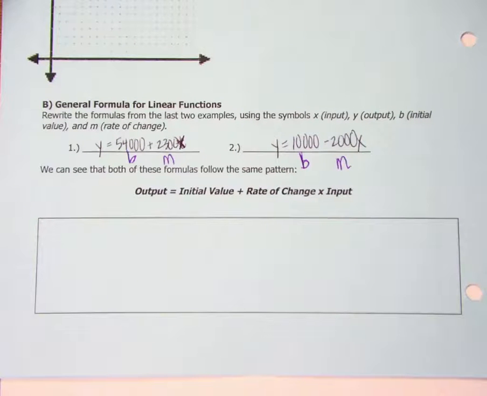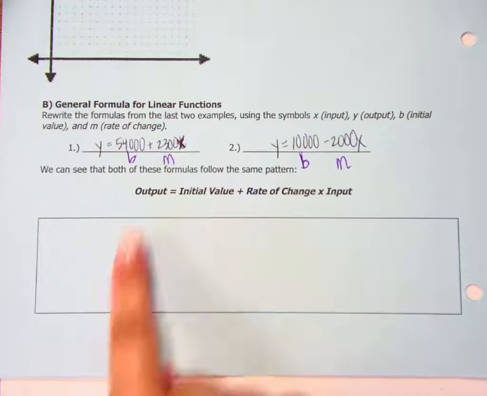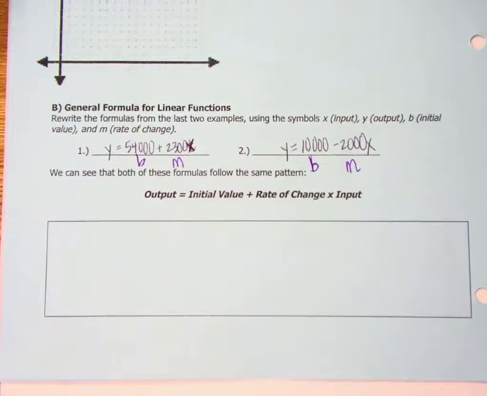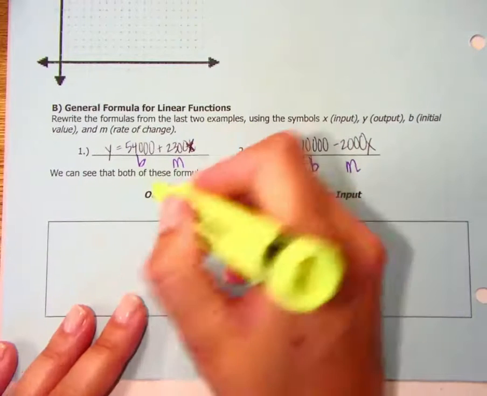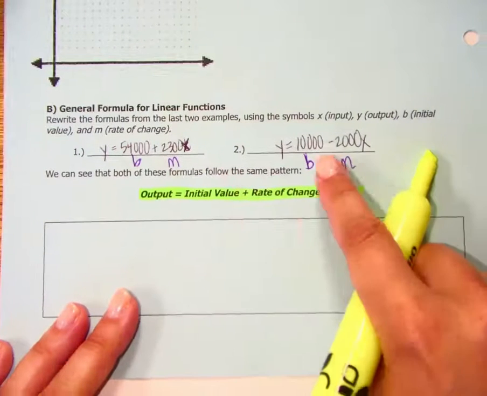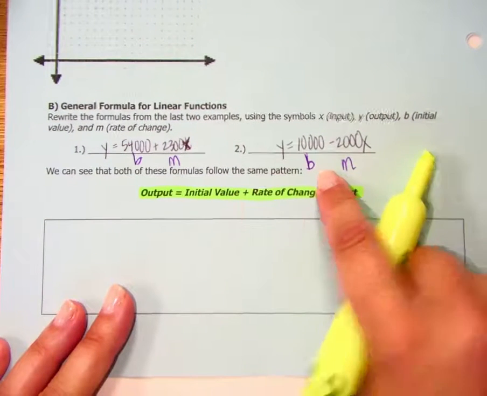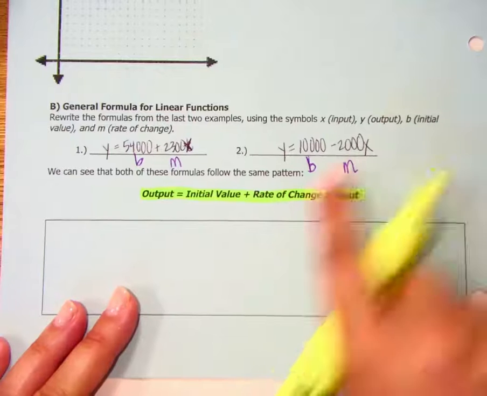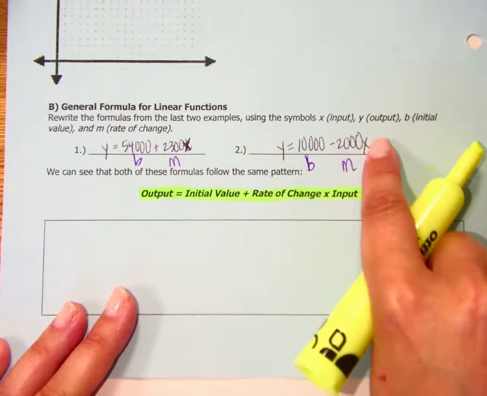In general, what I want you to be noticing is that in these situations, the output, or Y, is equal to our initial value. That initial value is essentially your y-intercept, and then plus the rate of change times the input. Okay?